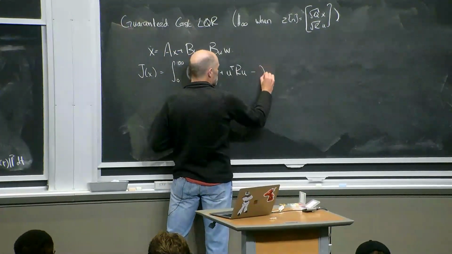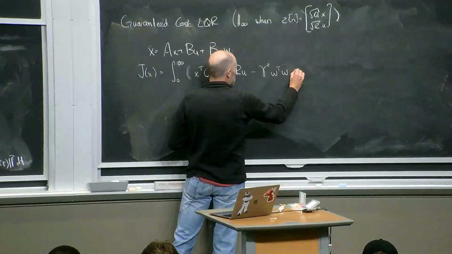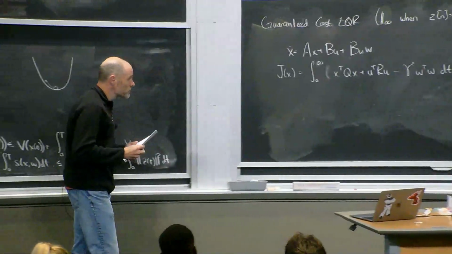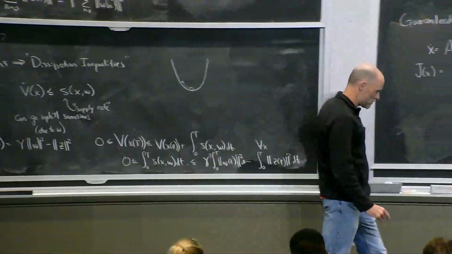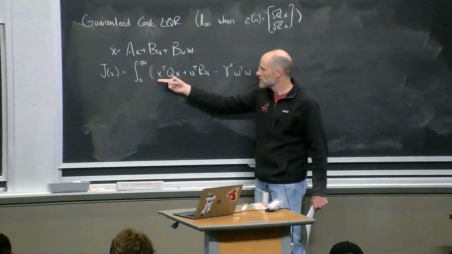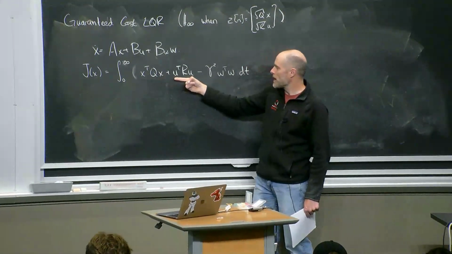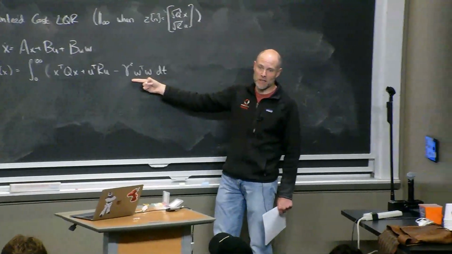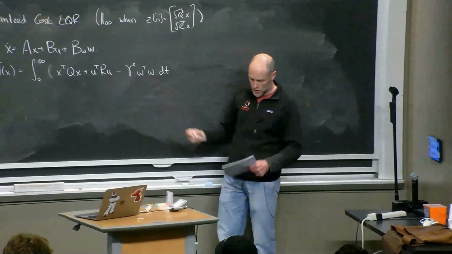I'm going to throw in an extra thing. So I'm going to penalize the system in the LQR sense. I'm penalizing it if it's away from X. I'm penalizing it if it uses big U, but I'm rewarding it for dealing with big W. There's a minus sign there. Okay?